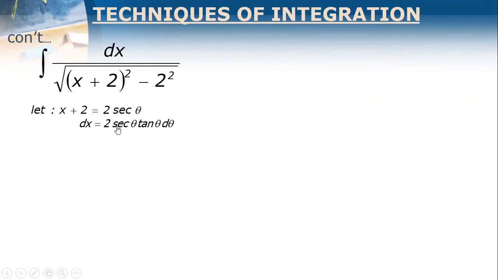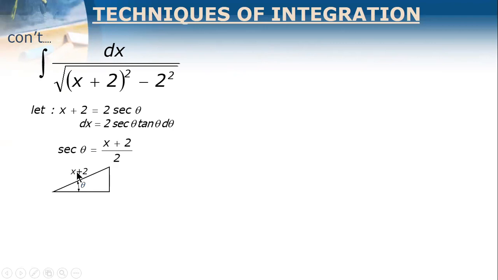Differentiate: the derivative of secant is secant tangent. And then get the expression of secant, x plus 2 over 2. Then you draw the triangle, theta. Secant is the reciprocal of cosine, which is adjacent over hypotenuse. Therefore, secant is hypotenuse over adjacent.